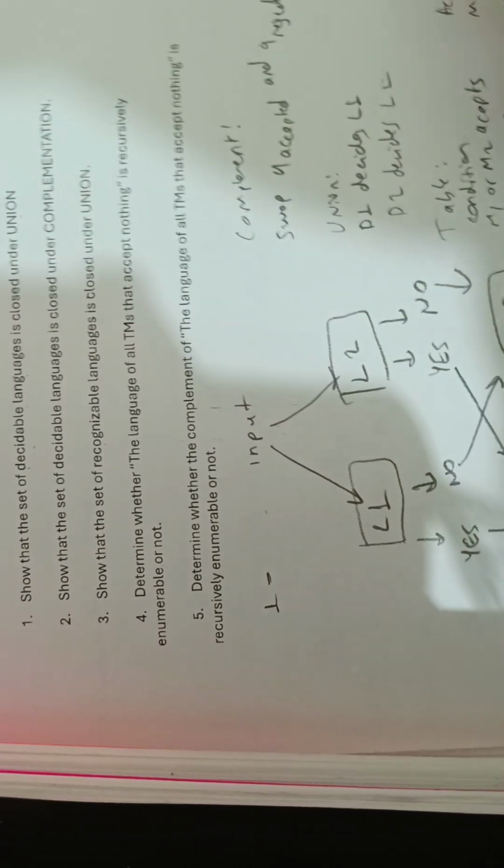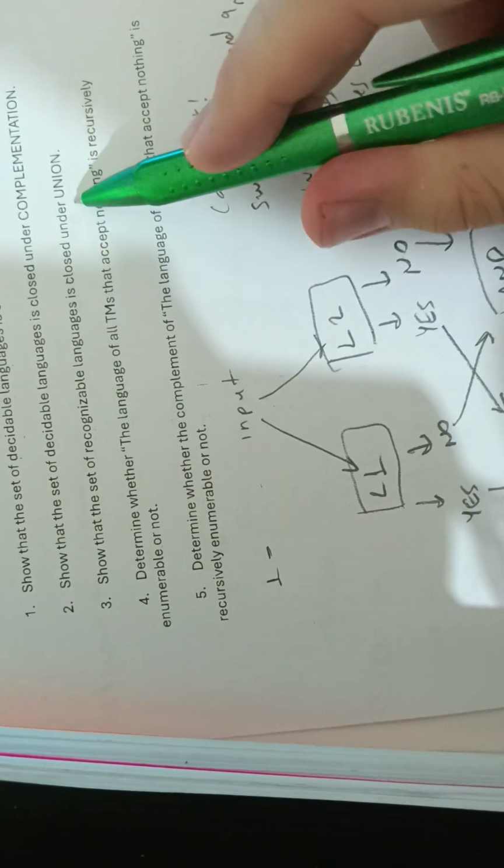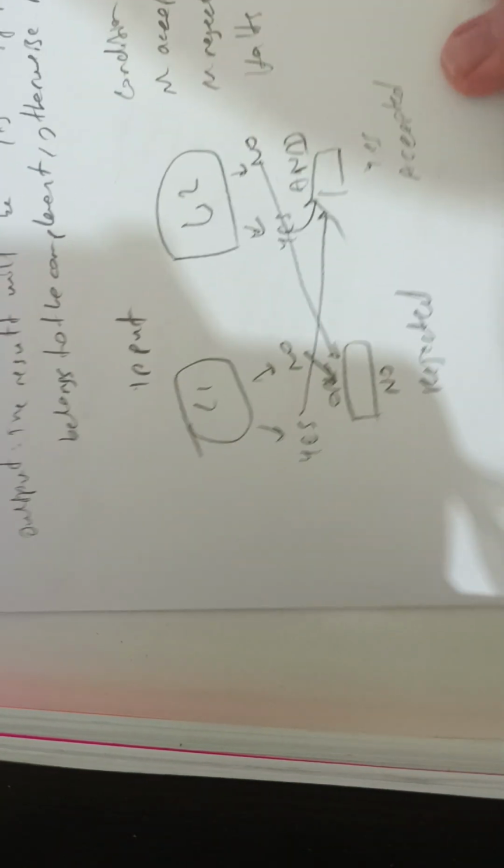Okay, let's move on with the third question. Show that the set of recognizable languages is closed under union. Okay, I have to delete all of it. Wait a second.